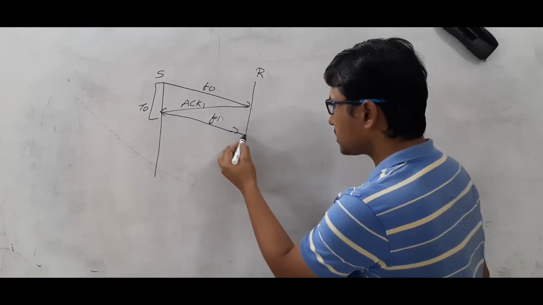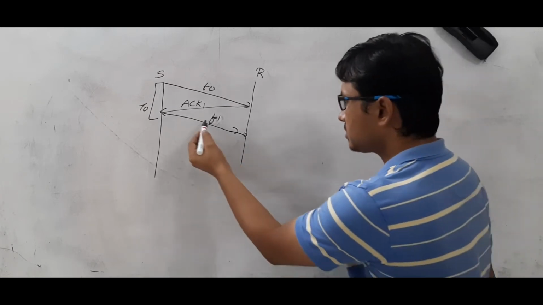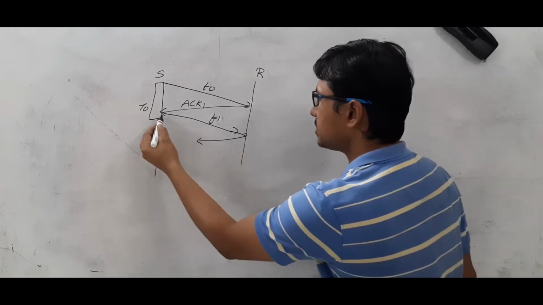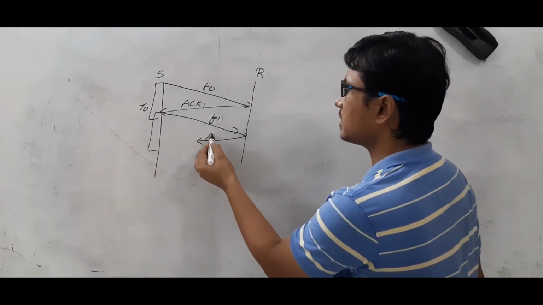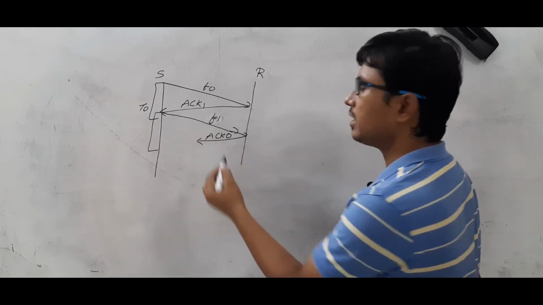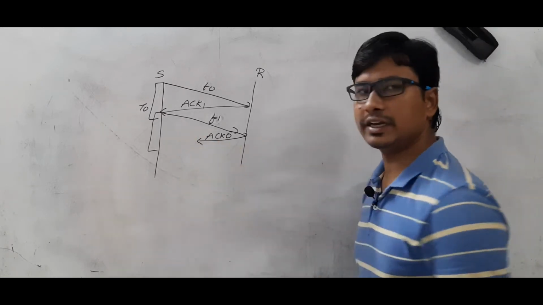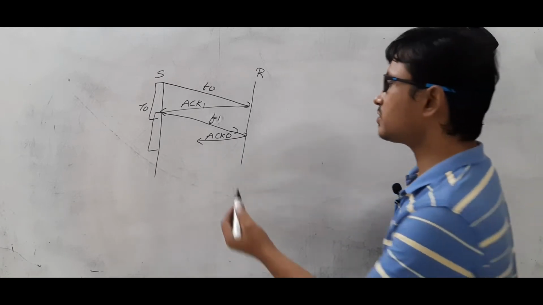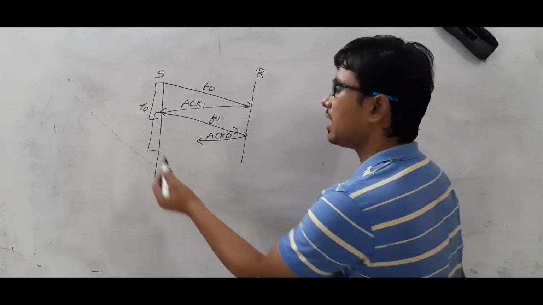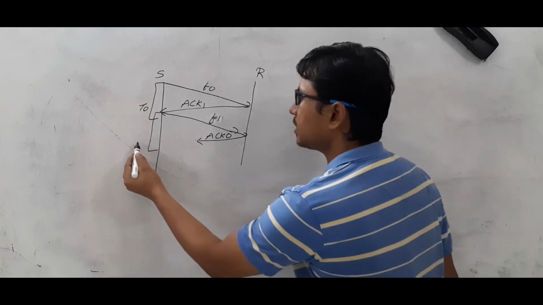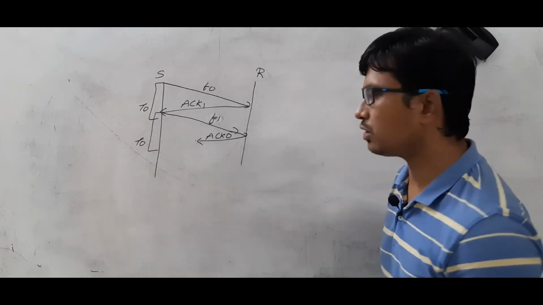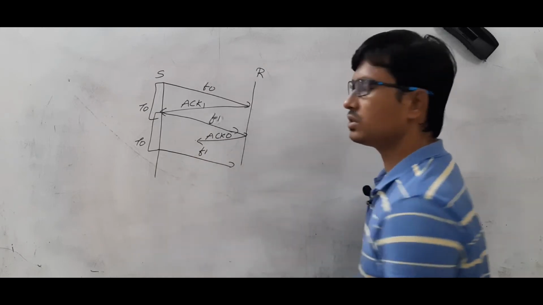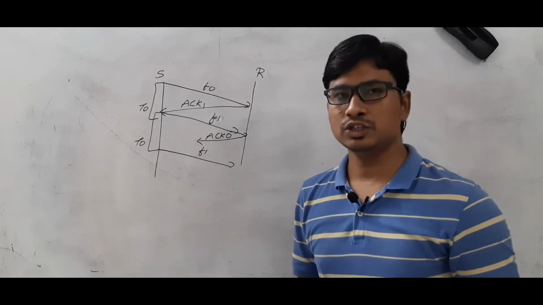Suppose the receiver has received this frame and sent acknowledgement 0, because it has only 2 sequence numbers. Now, because of some issue, the sender has not received this acknowledgement within the timeout, so the sender will retransmit the frame.